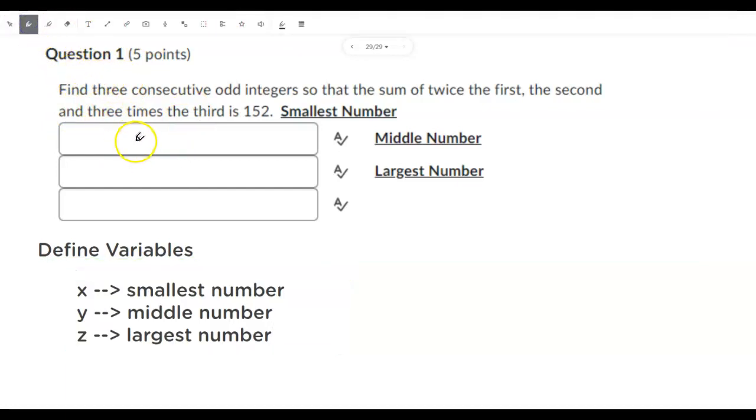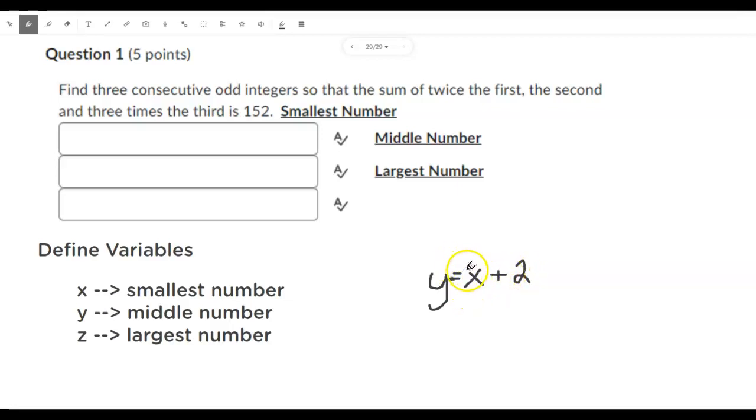I know this doesn't seem like there's going to be 3 equations to write, but if you think about odd integers and what happens from one to the other, x is our smallest number, which means that y has to be 2 larger than x.